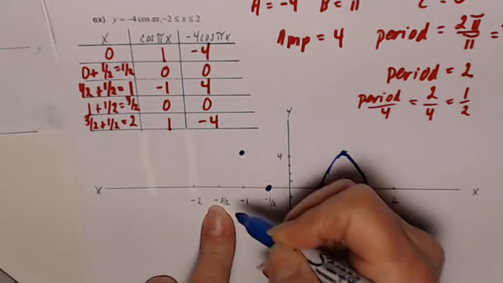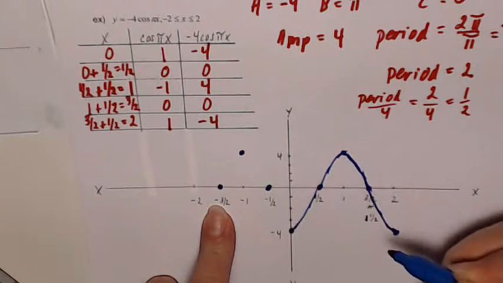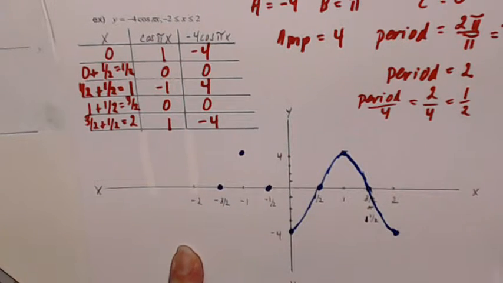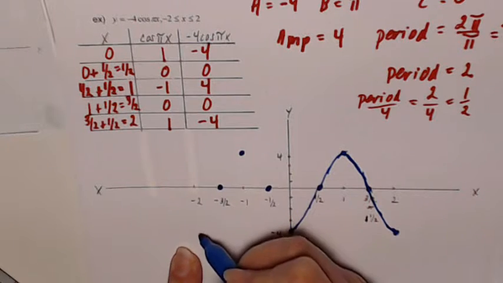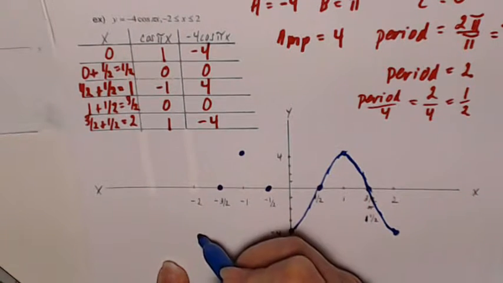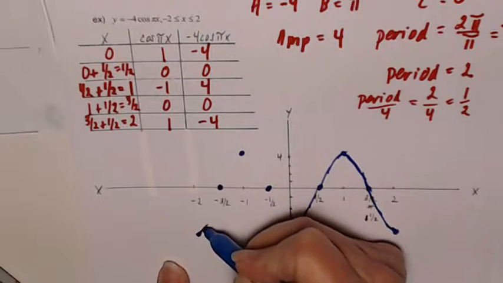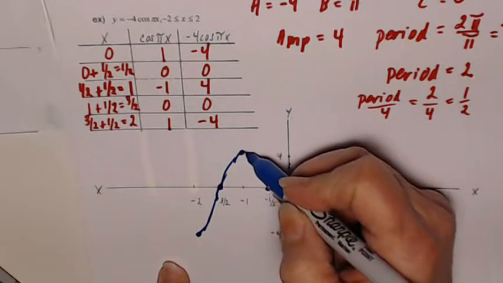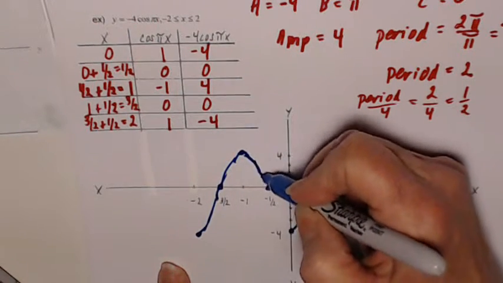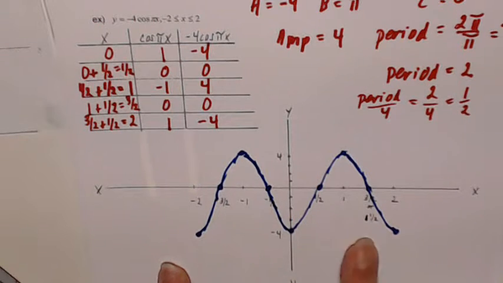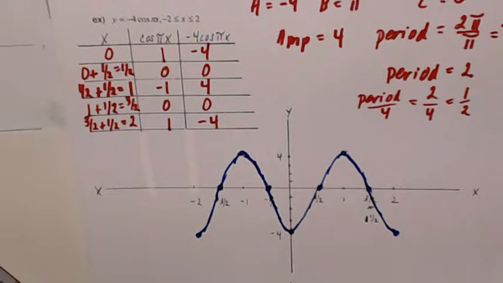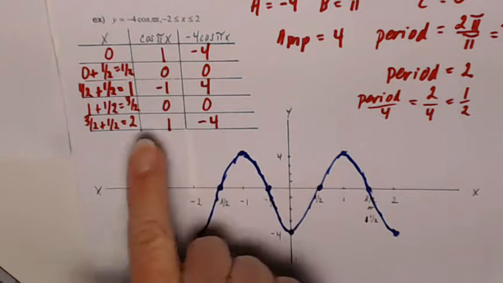Then at -3/2, we're at 0. And then at -2, we are back down here at -4. So I'm not the best artist, but that would be our graph here between -2 and 2.